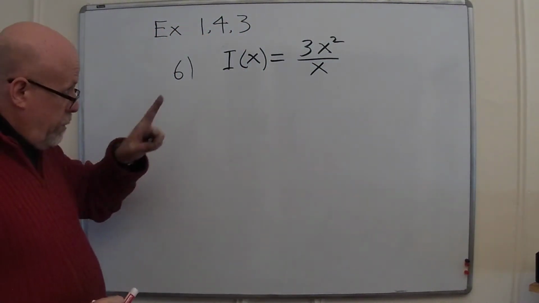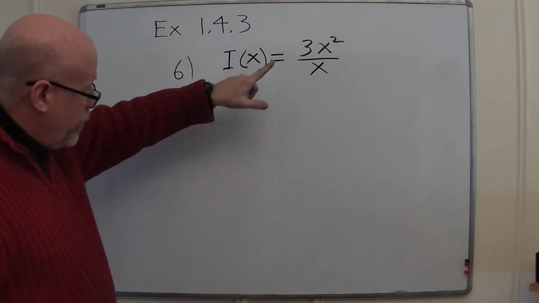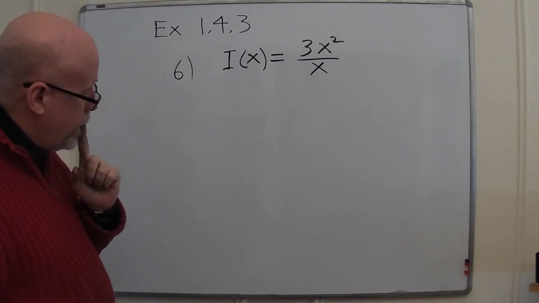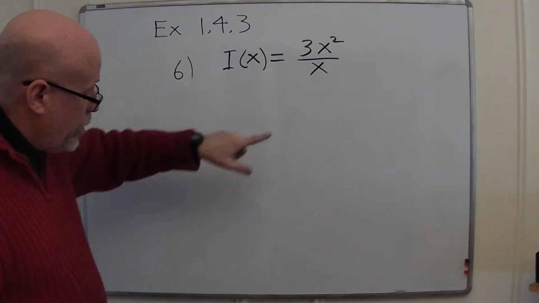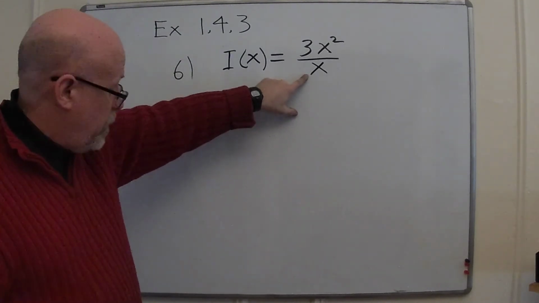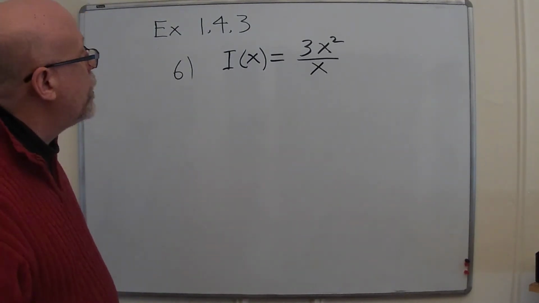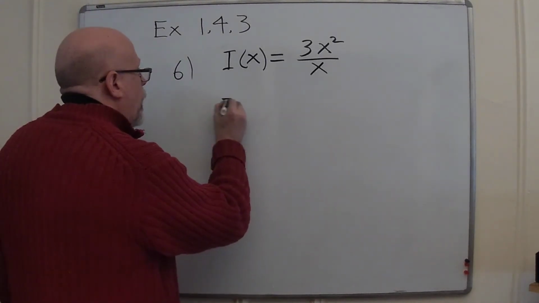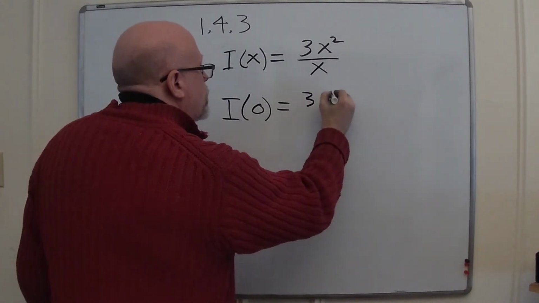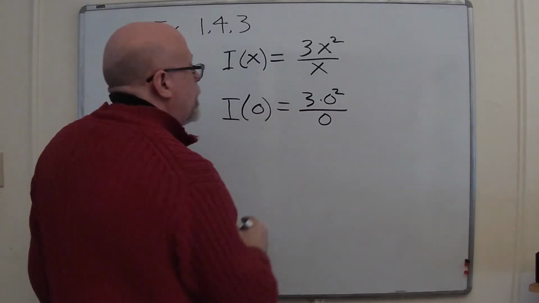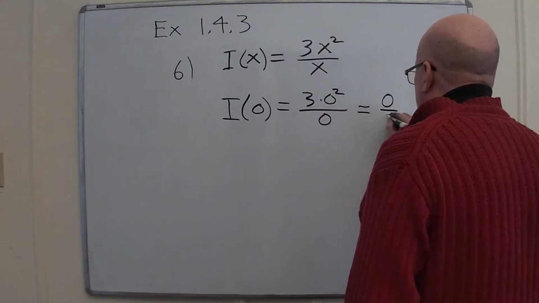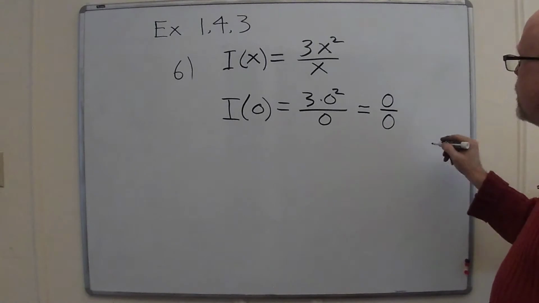Now, I don't have any square roots or fourth roots or sixth roots, but I do have division. And if I was concerned about dividing by 0, that would mean this x in the bottom would have to be 0. What does this look like if you plug in 0? I of 0 would be 3 times 0 squared over 0. Well, that's a 0 up top and a 0 downstairs. It's 0 over 0. What do you do with that? That's undefined.